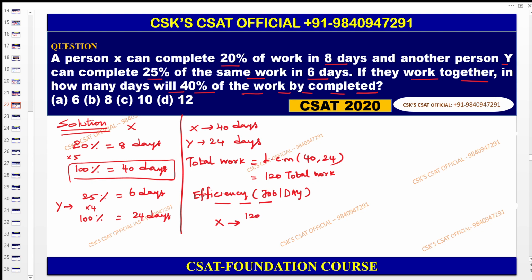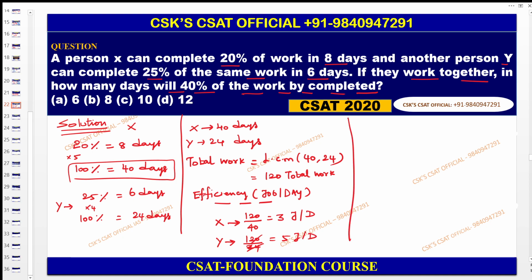Total work divided by the number of days taken by X, which is equal to 3 jobs per day. Now Y is 120 by 24, cancel this, which is equal to 5 jobs per day.